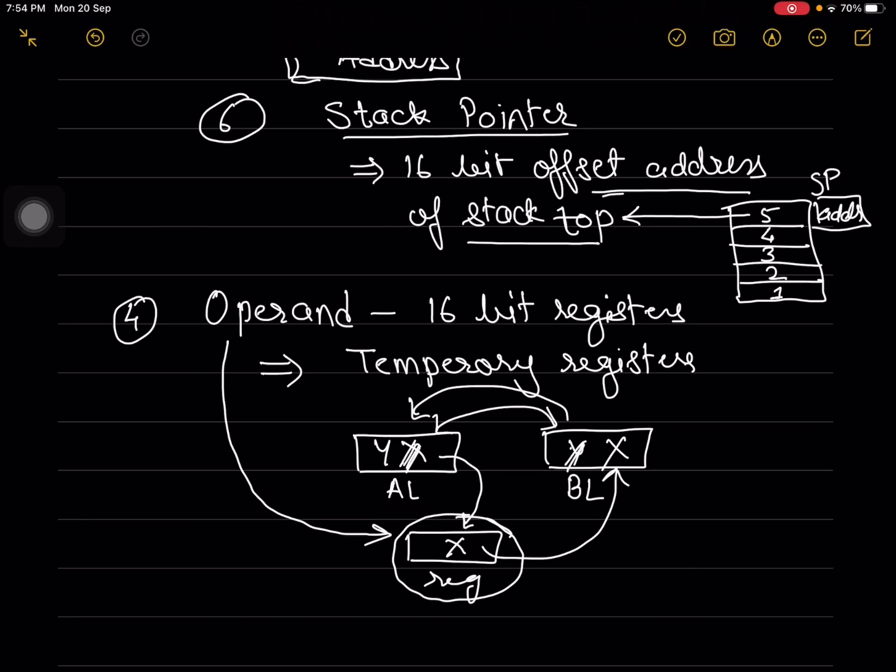So likewise the data between AL and BL is exchanged, and for the temporary data storage the operand register is used. One important thing here is that the operand register is always used by the processor only. It will never be used by the user. That means while writing a program, we can make use of general purpose registers or specific purpose registers, but we cannot make use of the operand register for our data storage. It is always used by the microprocessor only.